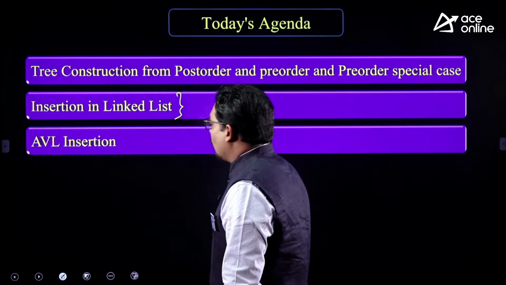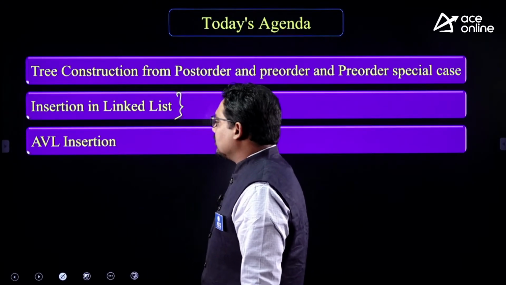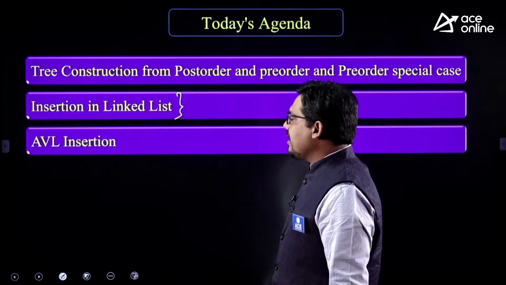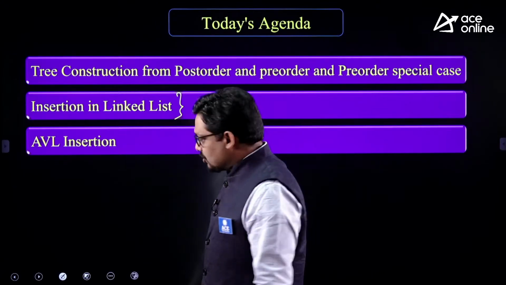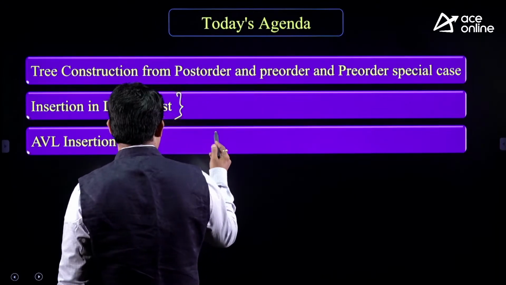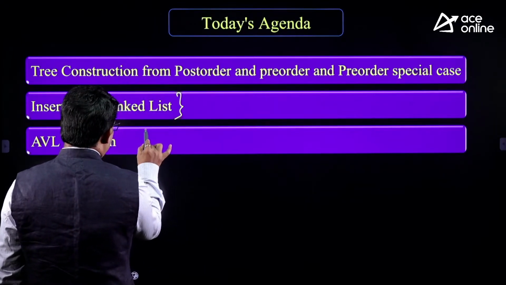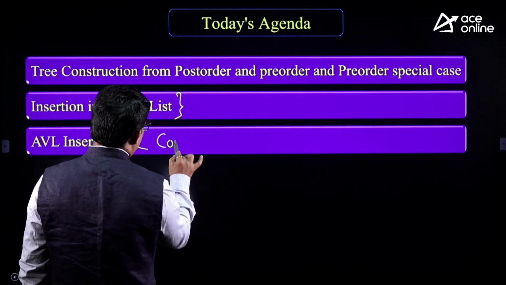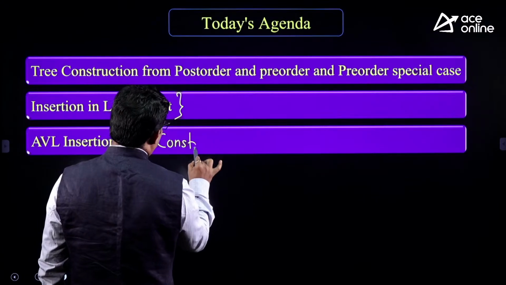Then I will focus on the next part, again a tree concept, which is AVL insertion. With the AVL tree, I want to focus on the construction cost.